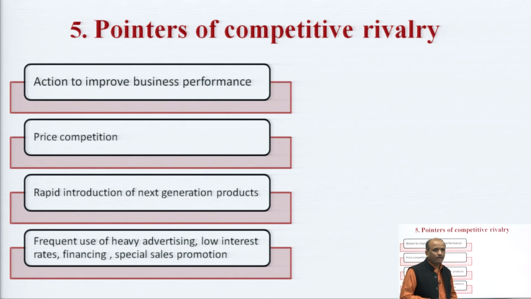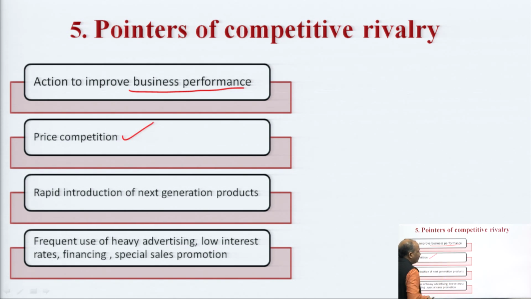Now, what are the different pointers that indicate that competitive rivalry is there? If we look at a particular industry and find that actions are frequently taken to improve business performance, it means that competitive rivalry is high. If there is price competition, it means competitive rivalry is high. Non-price competition also refers to a settling competitive rivalry. Rapid introduction of next generation products means that we are challenging the competitors to give up the market.